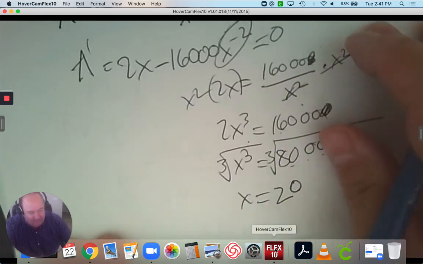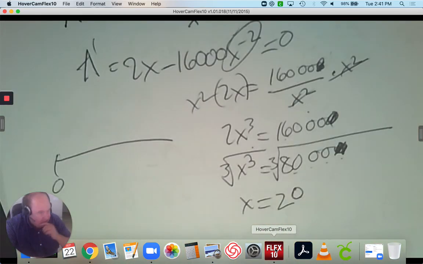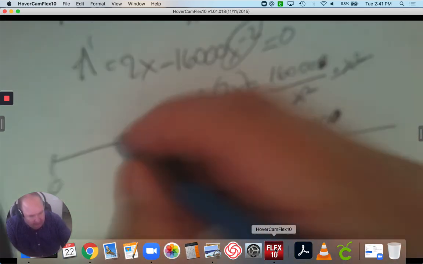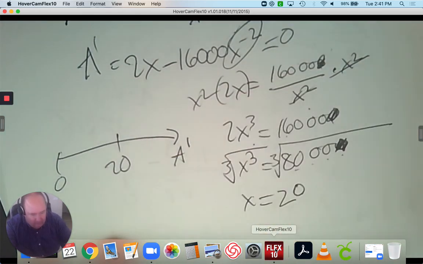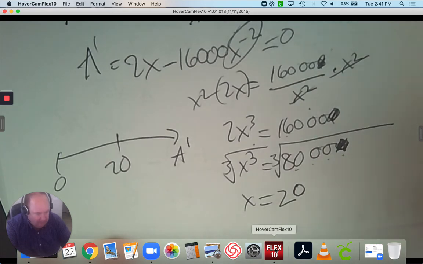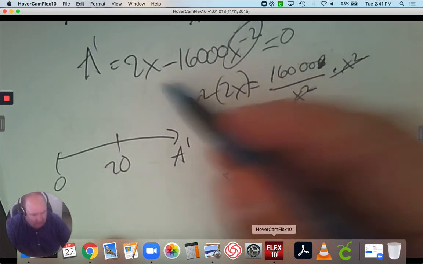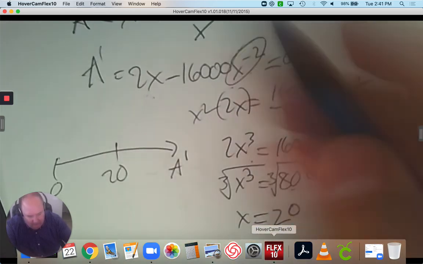So now I need to see, using a number line, if the derivative, if that really is a maximum. Or do we want a minimum? Minimum. We want the least amount of material. So if I look here at the derivative, if I plug in positive 1, I get a negative answer.